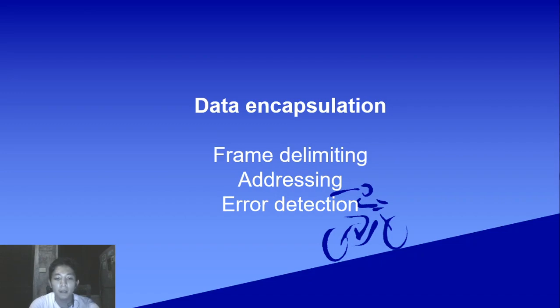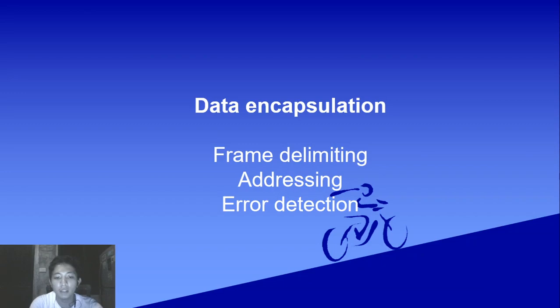In forming the frame, the MAC layer adds a header and trailer to the network layer PDU. We have frame delimiting, which is the framing process that provides important delimiters used to identify a group of bits that make up a frame. These delimiting bits provide synchronization between the transmitting and receiving nodes.